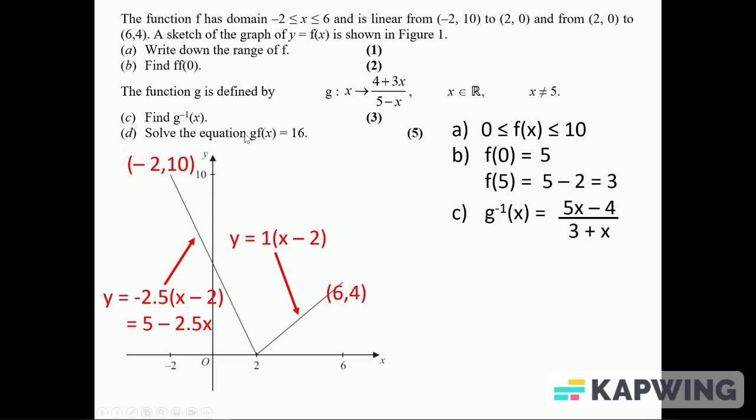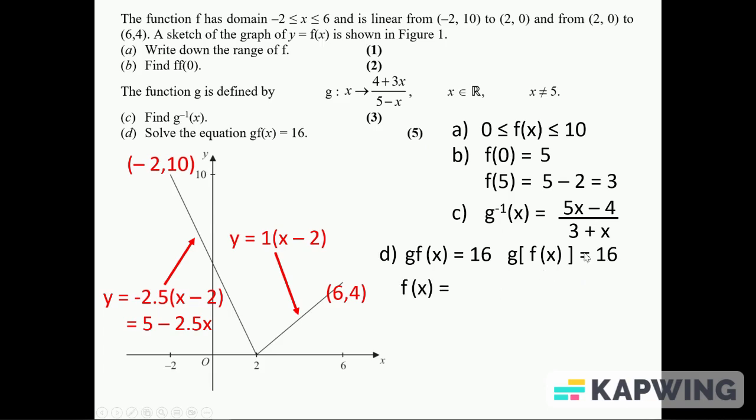Now lastly, it says solve the equation g f of x equals 16. 5 marks for this. So we'll write it out. g f of x equals 16. Remember, that means that I do the g of f of x. So I work out f of x and do the g of it. Now, I've got g to the -1 of x here.